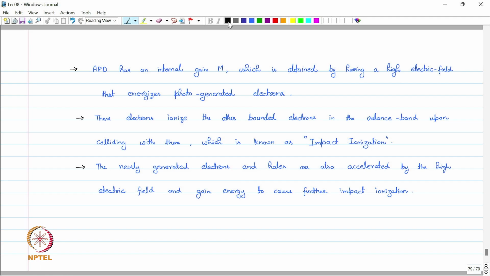This phenomenon is actually called the avalanche effect, and hence the name of this device is avalanche photodiode. This phenomenon is called the avalanche effect.